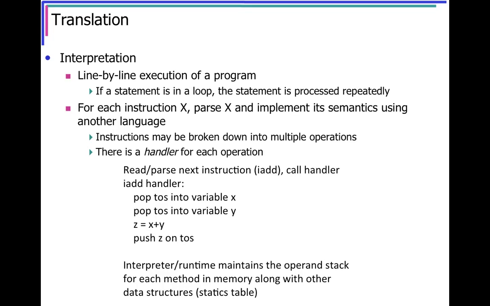Notice that in this case, the interpreter, the runtime implementation, maintains an operand stack in memory that this particular handler and its implementation use to push and pop the values so that the next instruction can continue on using the semantics of the stack machine.